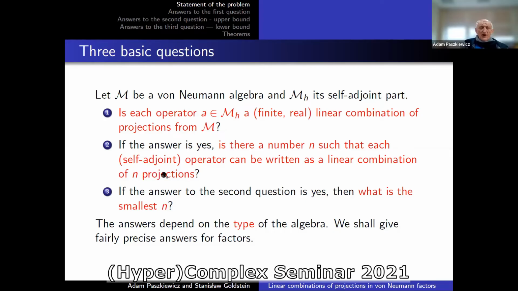Then if the answer is positive, the next question is what is the smallest n good for all von Neumann algebras, or for some class of von Neumann algebras? And then we should look at special types of such algebras. And so let's go on.